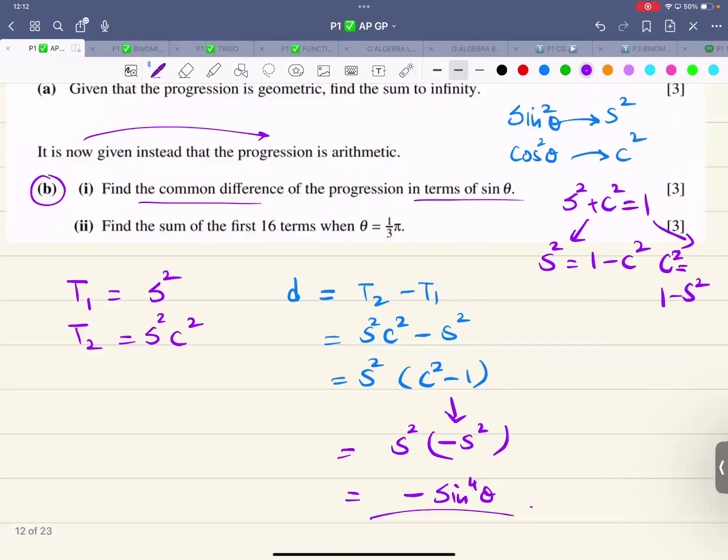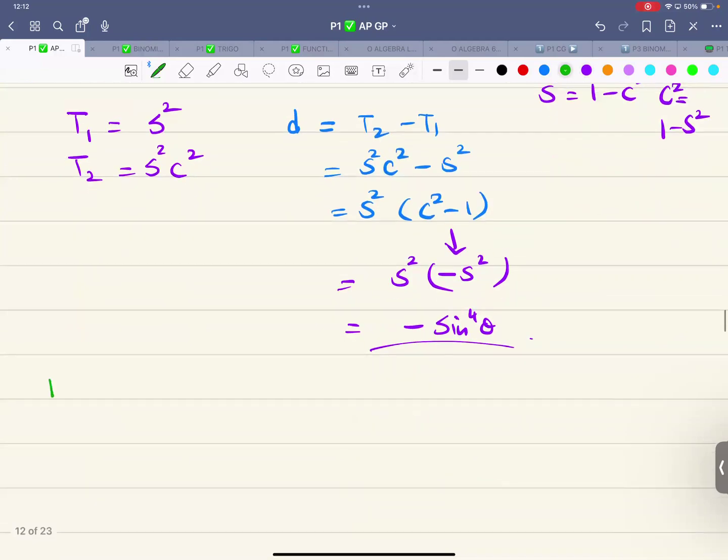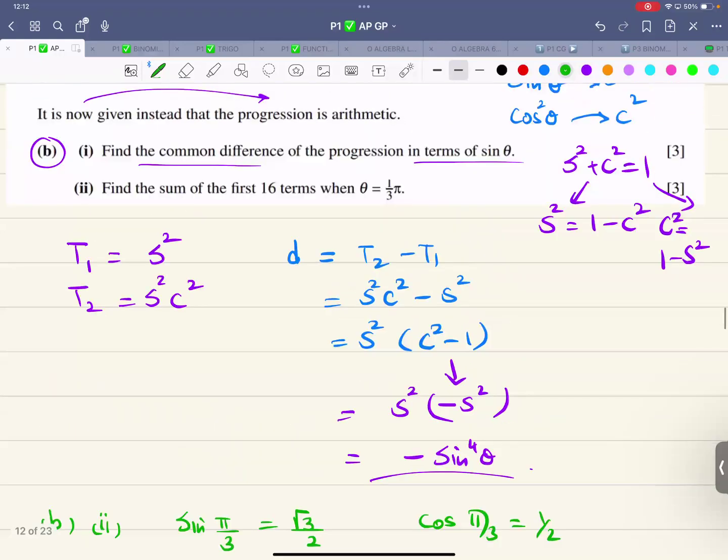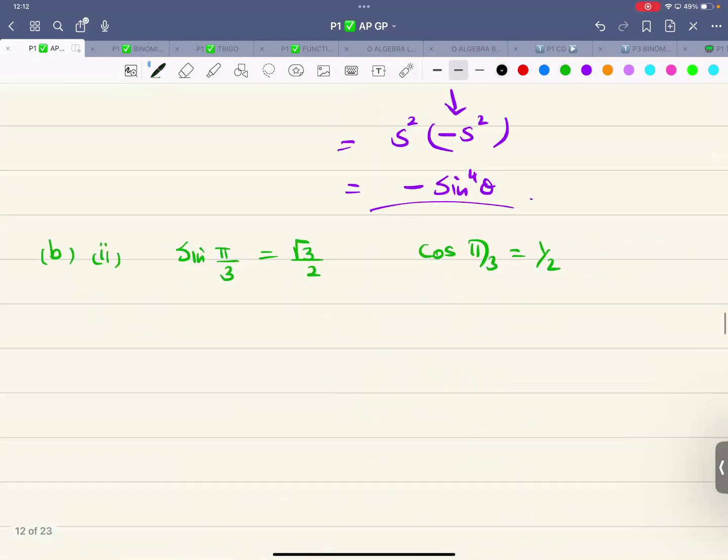Now it says find the sum of the first 16 terms when theta is pi by 3. I think now it's about exact form. So B part 2, sine of pi by 3 is root 3 over 2. Cosine of pi by 3 is half. We are interested in the sum of the first 16 terms, and this is an AP.